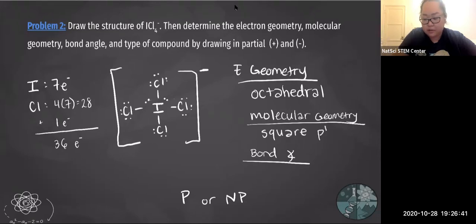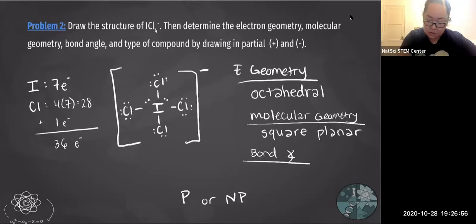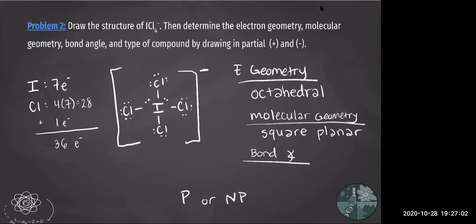Did you guys get something different? No? Bond angle? Oh, yeah. Did you get something different? Yeah, I got tetrahedral for the geometry. So you got octahedral for the, uh, tetrahedral.